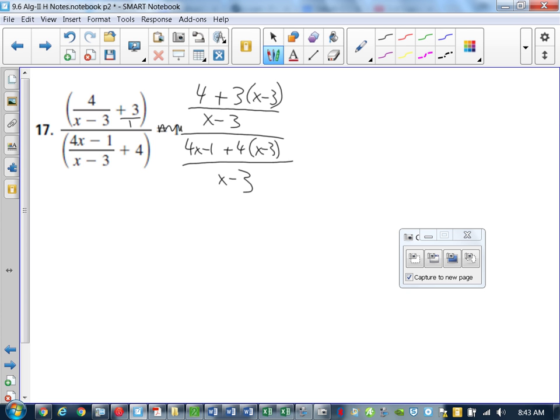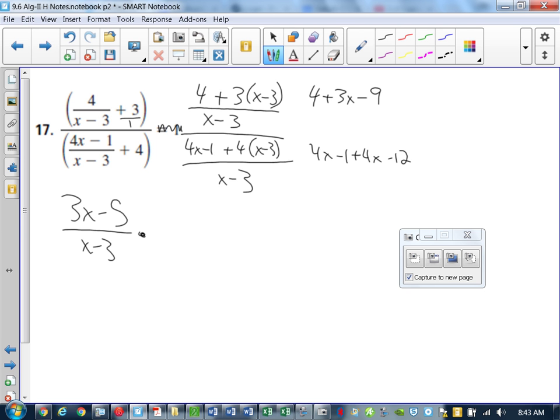So let's see, we have 4. Well, I'll do this. So this is 4 plus 3x minus 9. So I have 3x minus 5 over x minus 3. This is 4x minus 1 plus 4x minus 12. So it becomes 8x minus 13.